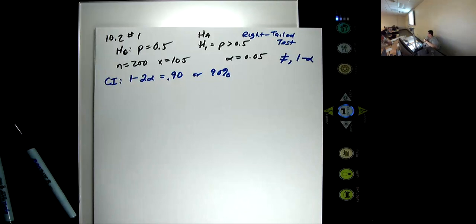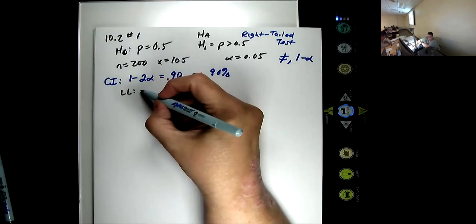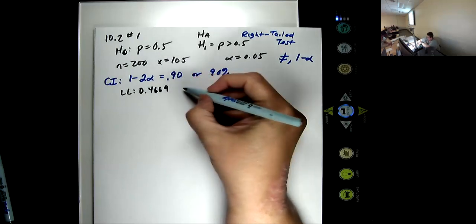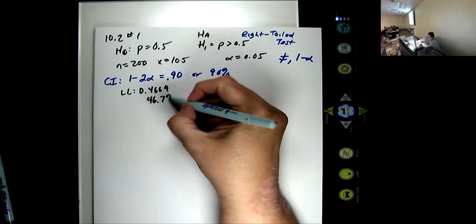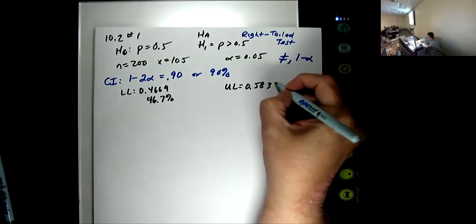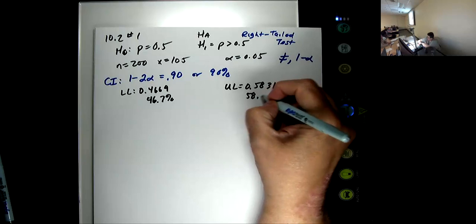I'm going to go grab the boundaries for this. We get a lower limit of 0.4669, which is like 46.7%, and an upper limit of 0.5831, which is like 58.3%.